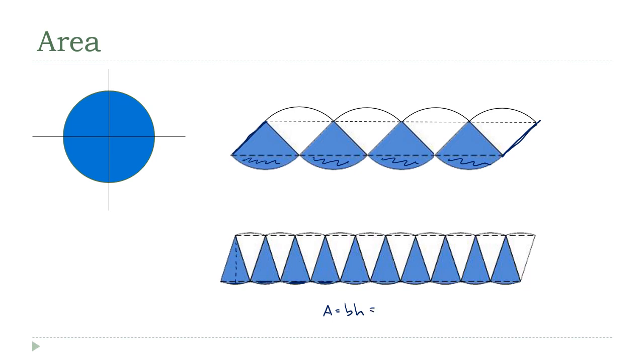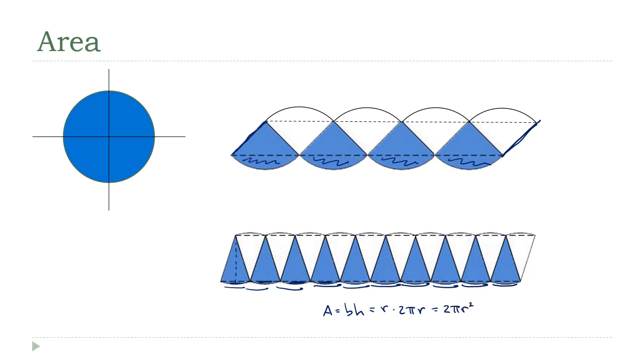The height is r, and the base is this distance down here. But that's made up of all the exterior sections of the circle. So that distance is going to be, again, approximately equal to the circumference of the circle, which is 2 pi r. If you multiply this out, you get 2 pi r squared.